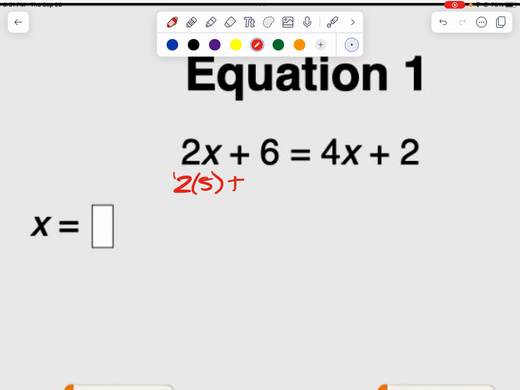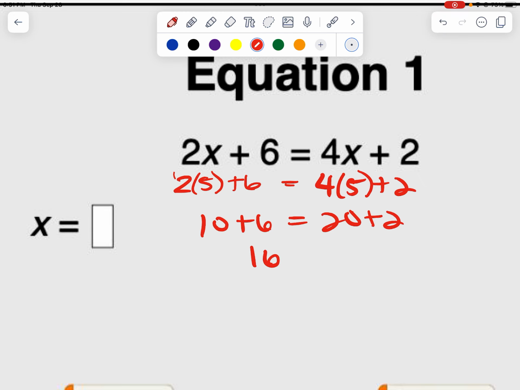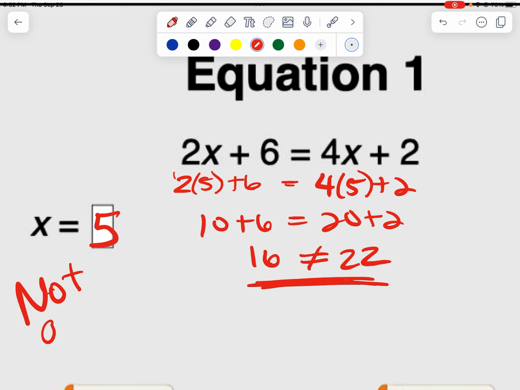So 2 times 5 plus 6 equals, nope, not 2, 4 times 5 plus 2. 10 plus 6 equals 20 plus 2. 16 does not equal 22. So it would say 16 equals 22, so that is not an answer. Because these two do not equal each other, that means that 5 is not a solution. It doesn't work. It doesn't make this a true statement.